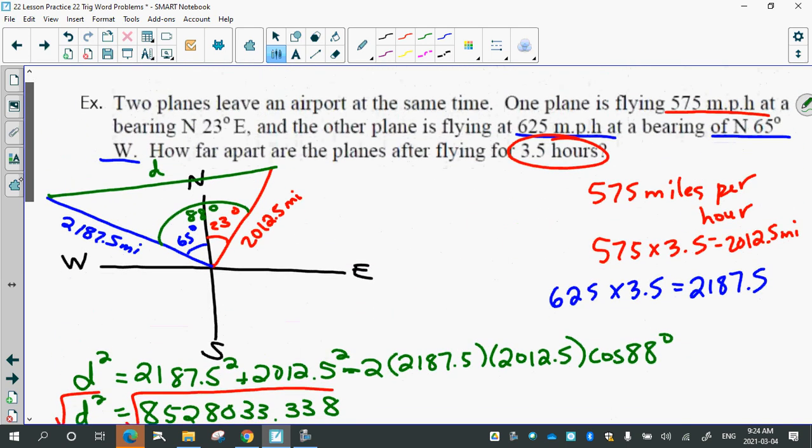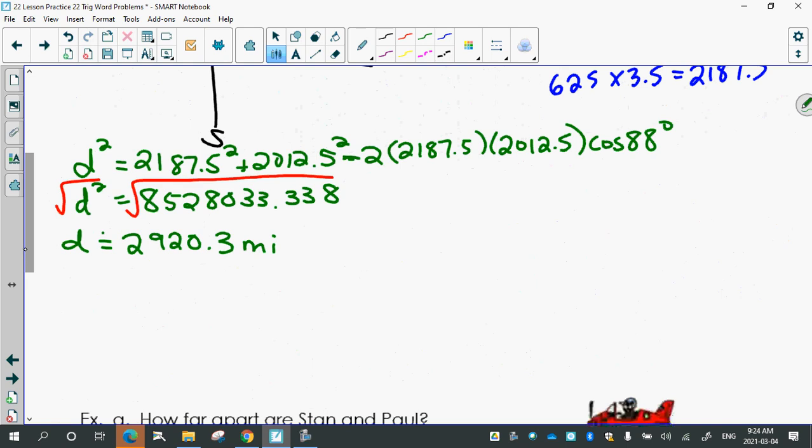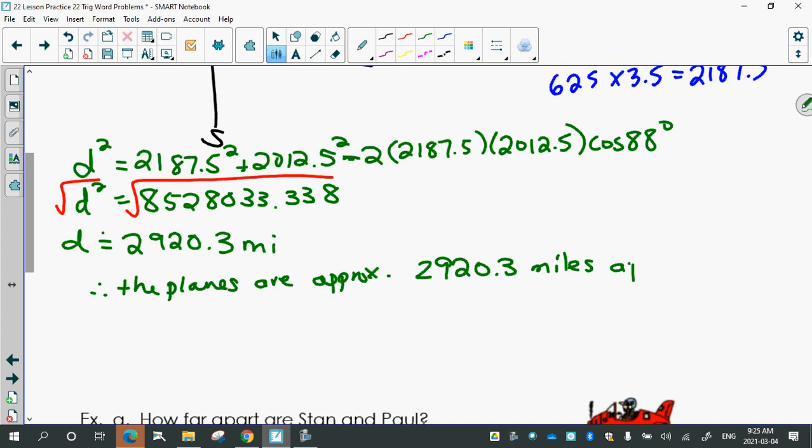How far apart are the planes? No. So I just rounded to one decimal place then. So therefore the planes are approximately 2,920.3 miles apart.